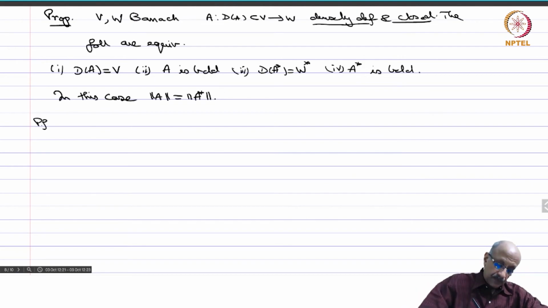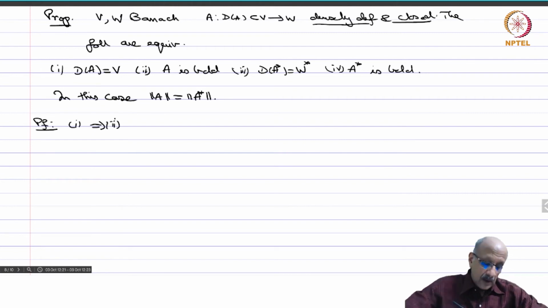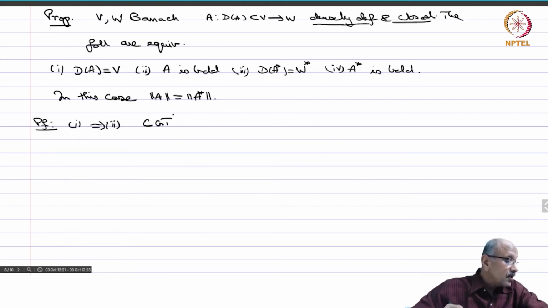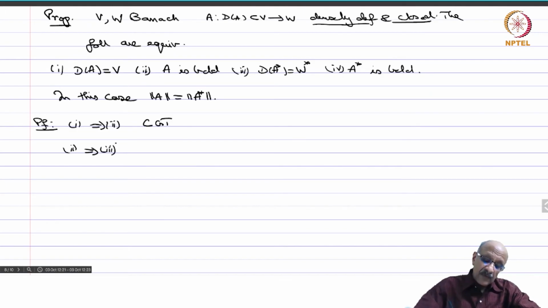Okay, 1 implies 2. D(A) equals V, so A is defined on the entire space, they are all Banach spaces, and A is closed, that means the graph is closed, so this is just the closed graph theorem. So that's it. Now 2 implies 3. A is bounded, therefore we want to show D(A star) is W star. So let v belong to W star. We have already done this calculation a few minutes ago.